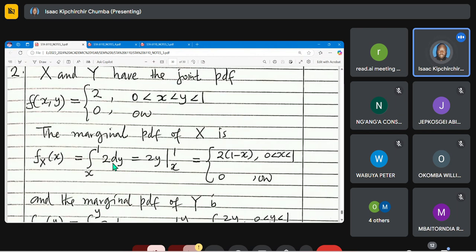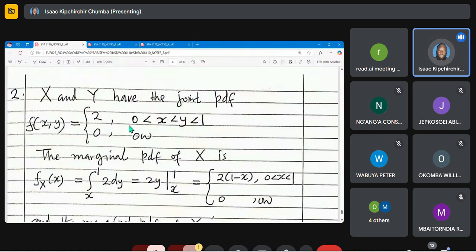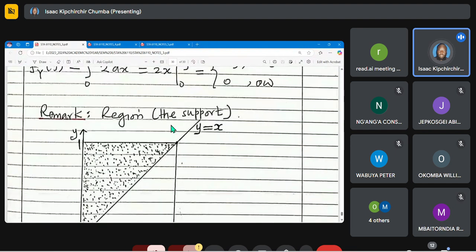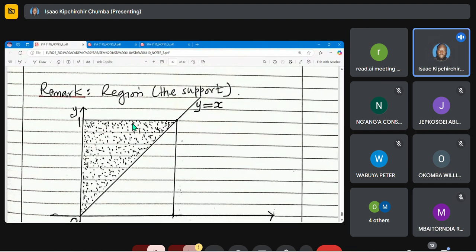So that's the first example for the discrete. For the continuous, you have the joint where f of x y is 2. This is the support, and I have the support in the remark here. That means in the first quadrant, the shaded region is the support of that joint PDF. So if you integrate that joint PDF over this support, you will get 1.